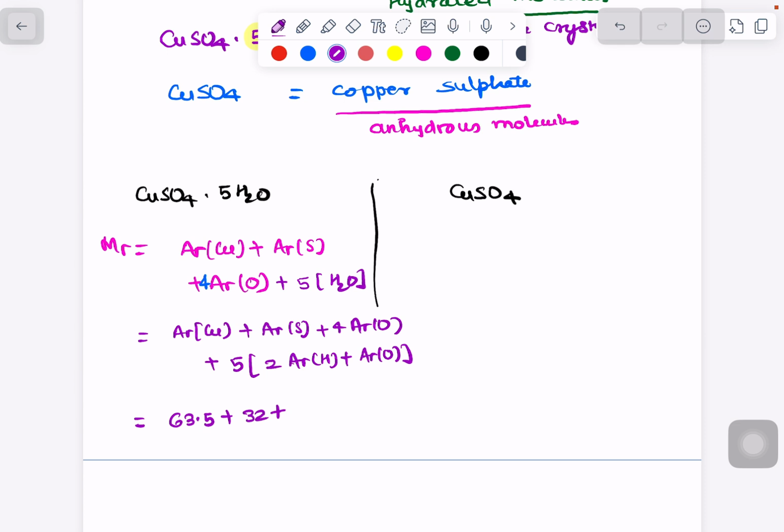If it's multiple choice question paper 1 or question paper 2 for extended, then if there is no periodic table given, within the question you'll get the atomic mass of each element. Okay, so it's 4 times oxygen 16 plus 5, 2 times 1 plus 16. So it's 63.5 plus 32 plus 64 plus 5 times 18.